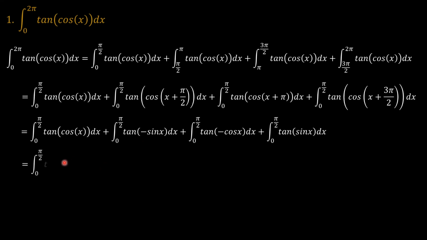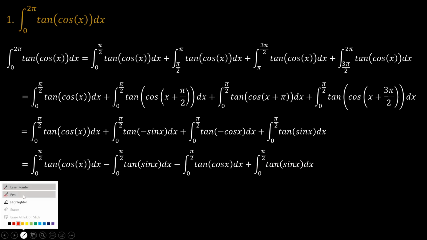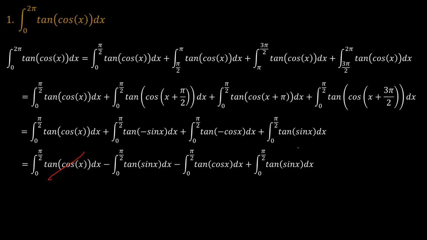And so we're left with tangent of cosine x minus tangent of sine x minus tangent of cosine x plus tangent of sine x. And so as we can see here, the important thing to note is that this and that would cancel, this and that, and this and that would cancel. So we're left with 0 as our answer.